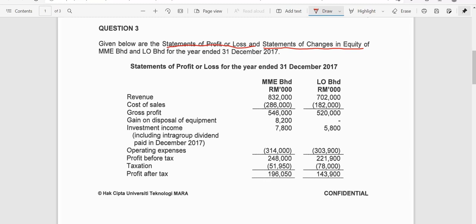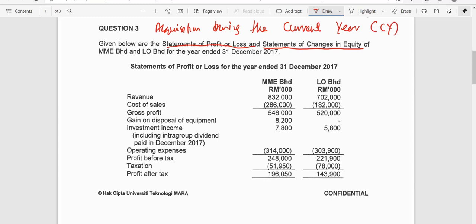For this session, we are going to focus on the preparation for acquisition of a subsidiary that takes place during the current year, or in other words, the mid-year acquisition. So it is going to be acquisition during the current year. I will use current year and put it as CY.